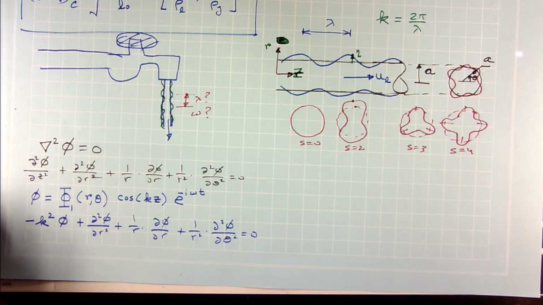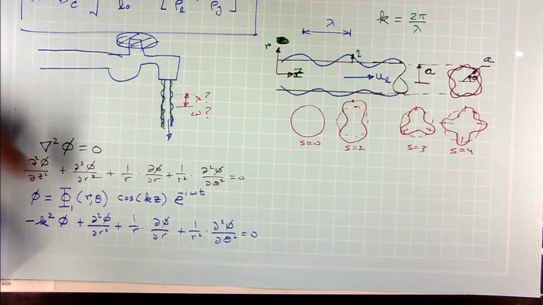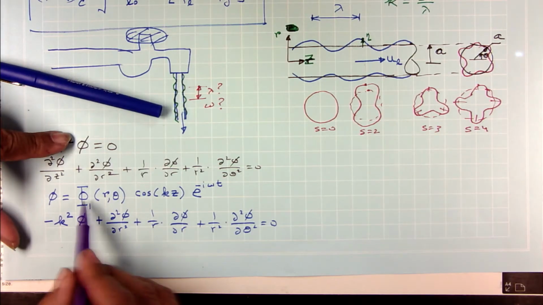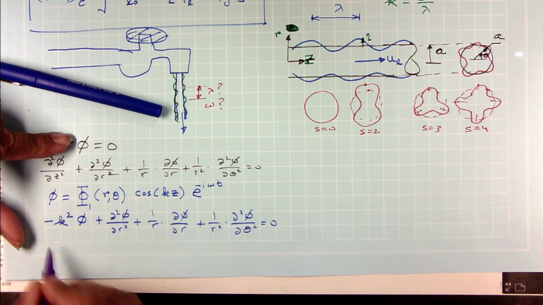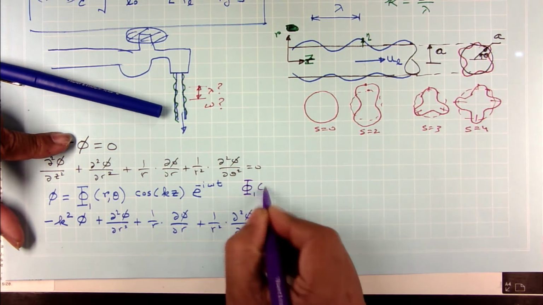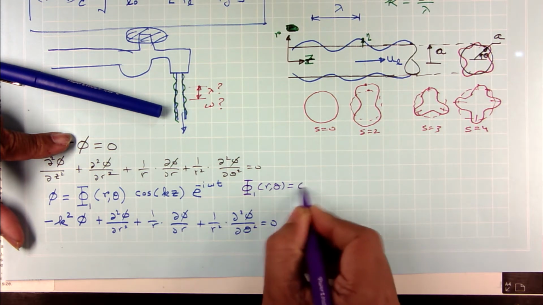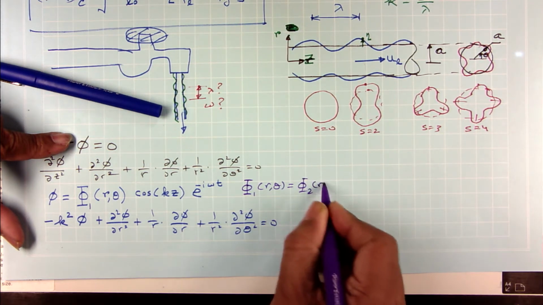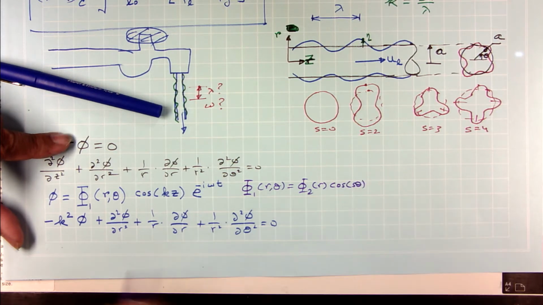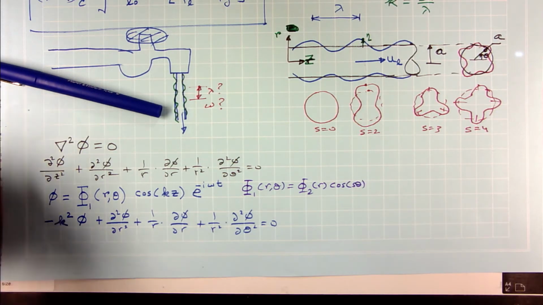So, now I can write this same equation, and instead of phi 1, I now break it up into 2 components. I am going to make my phi 1 of r, theta equal to phi 2 of r times cos of s theta, right.